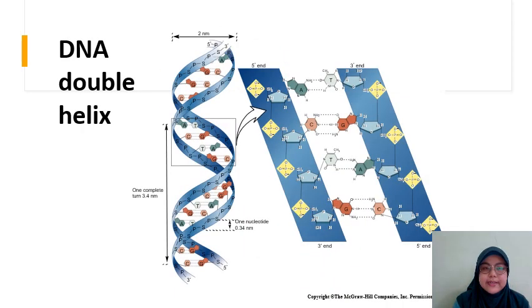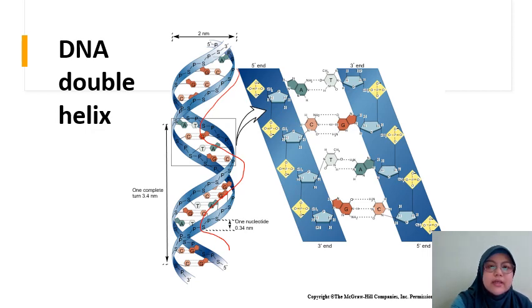Now the DNA structure, the three-dimensional structure, is a double helix, and these are the general structural features. We have the two strands twisting together around a common axis, where there are 10 bases.